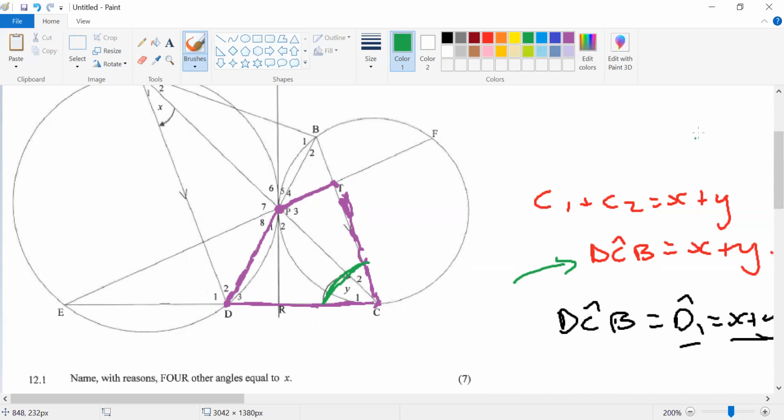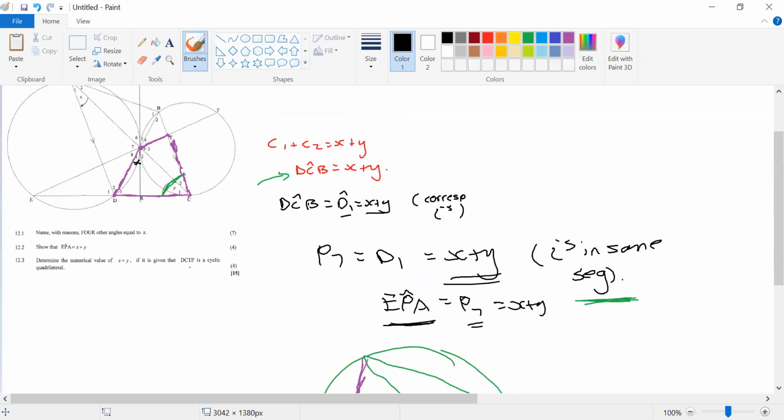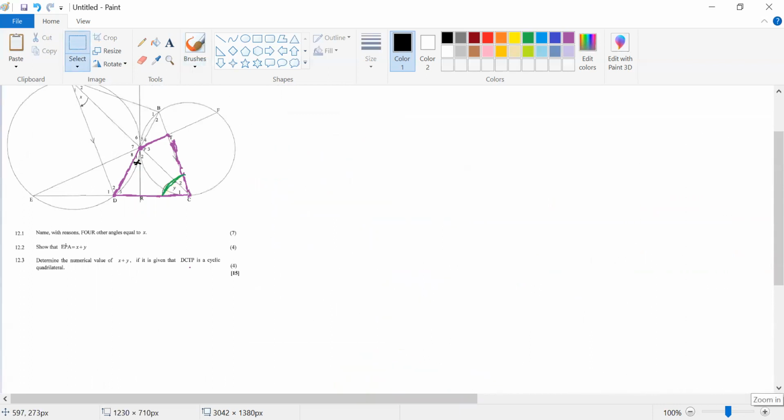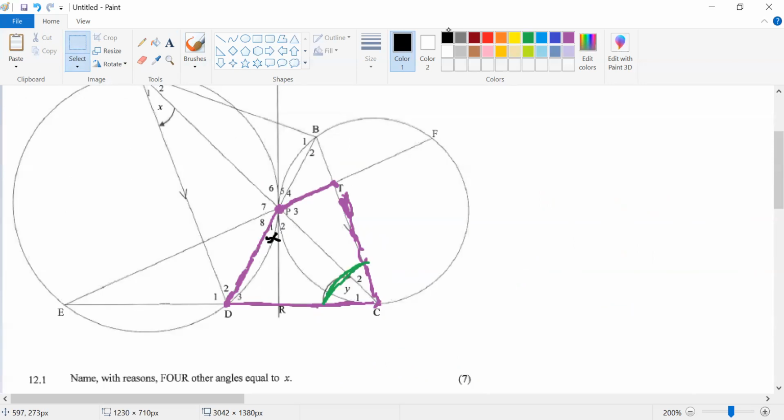We've already gotten P1 in the first question, and we said P1 was equal to x. I'm just going to state that even though we've already done it, just so we have it all together. So 12.3, P1 is equal to x.